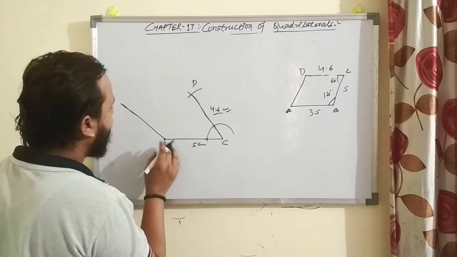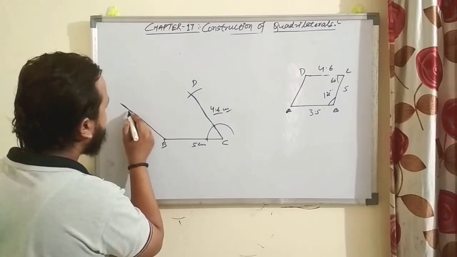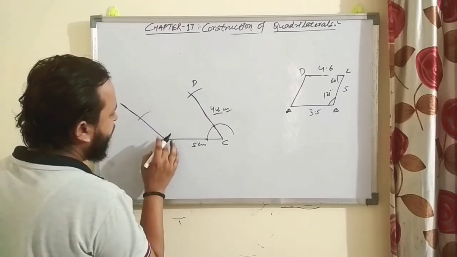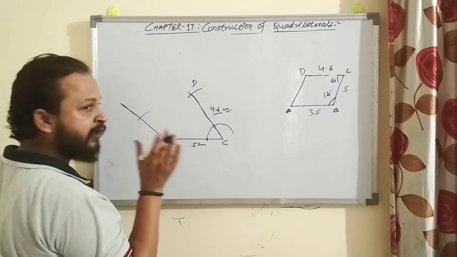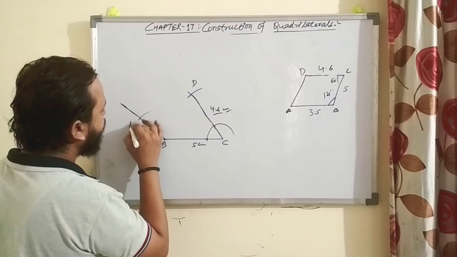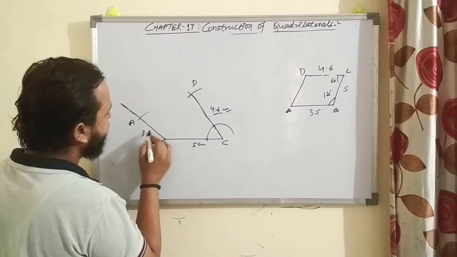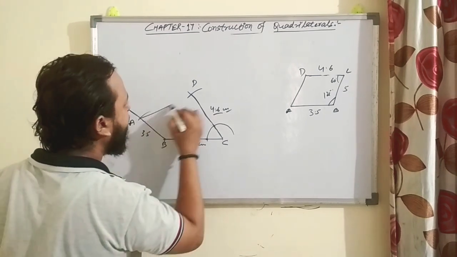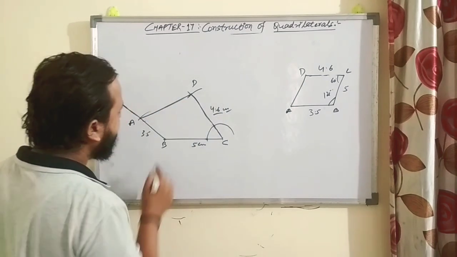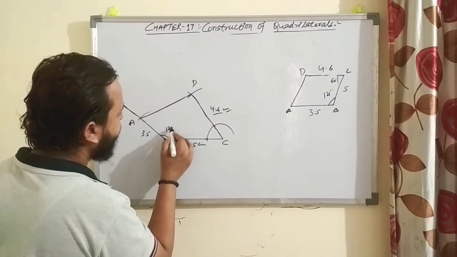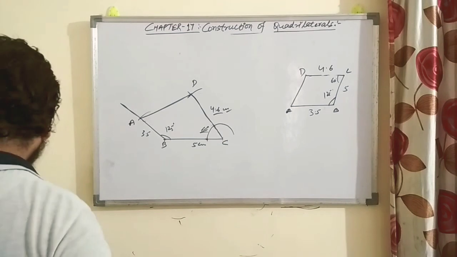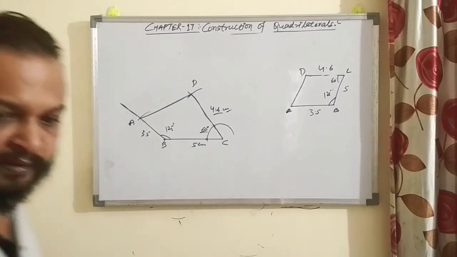So this point is A. Take the distance of 3.5 centimeter on the compass, take B as a center and draw an arc. You will get the point A. This is 3.5 centimeter. Join point A and point D. This line is AD. This angle is 125 degrees and this angle is 60 degrees. So this way you can do it, right?